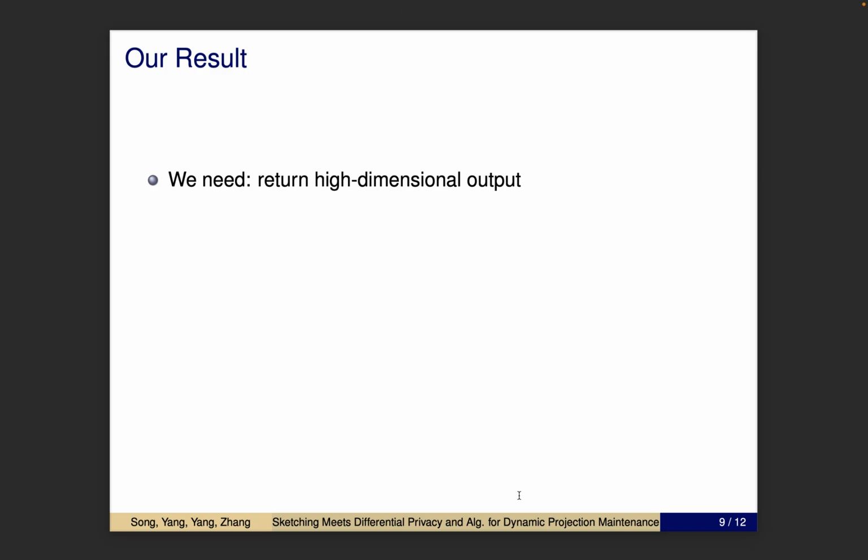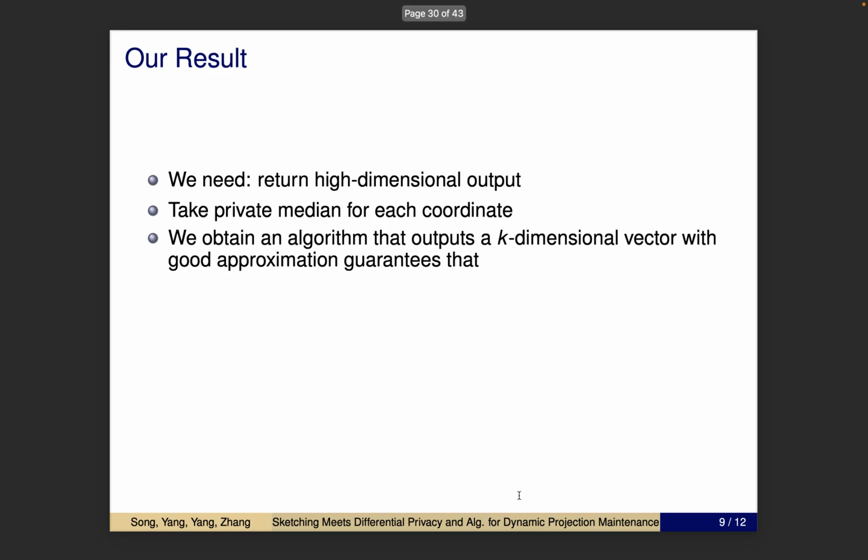But this is not sufficient because their result can only output a single number, but we need to output a vector. How do we tweak this algorithm for high-dimensional output? It's not super complicated. What we do is we take the median of a bunch of vectors. There are various ways to define this median, such as geometric median or coordinate-wise median. And what we do here is just the coordinate-wise private median of all the vectors.